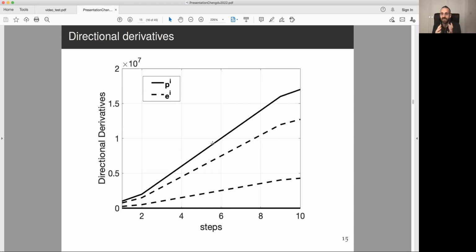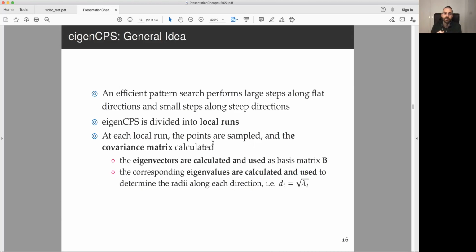But if it is very steep, then you have to be careful, take little steps, and make sure that you don't fall down, or that you are not ending up in an undesired position. So this is the general idea at the intuitive level, let us say it more formally. An efficient pattern search performs large steps along flat directions and small steps along steep directions.